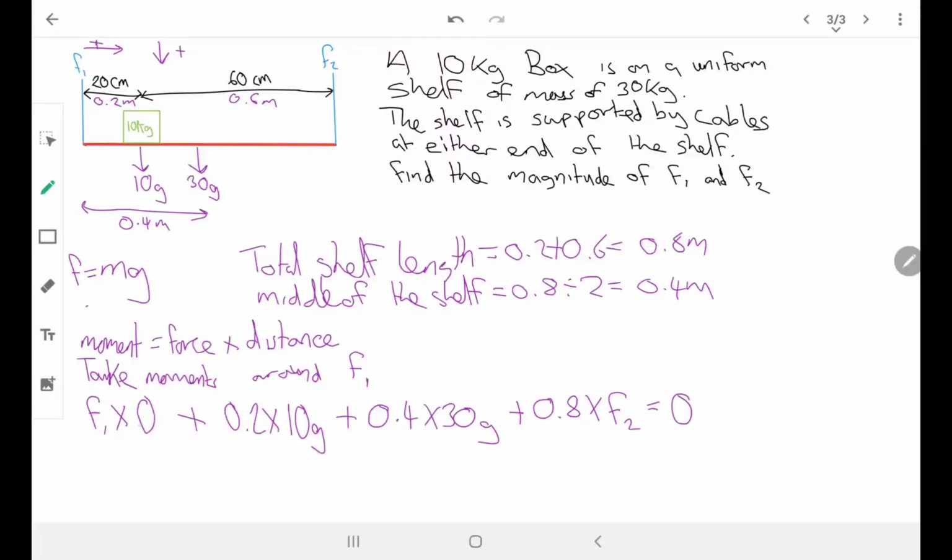So this bit is 0. We have 0.2 times 10 is 2g, and then we have 0.4 times 30 is 12g, plus 0.8 F2 equals 0. And if you notice here, now the F1 has disappeared.